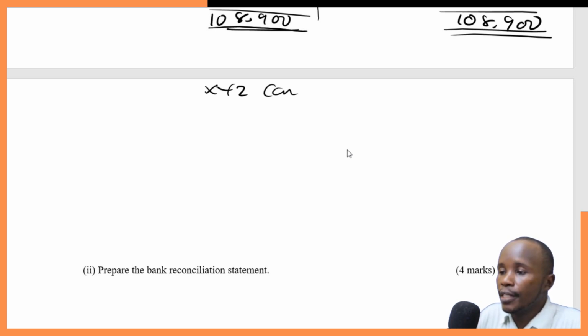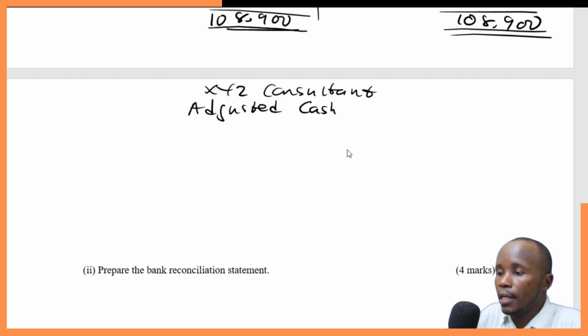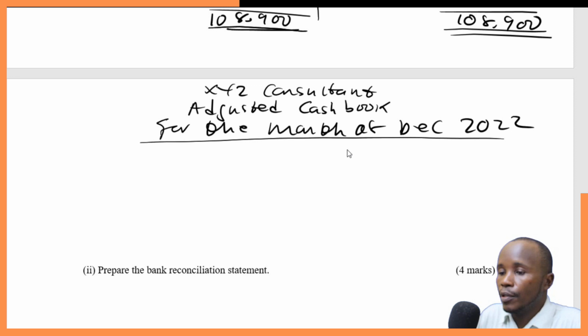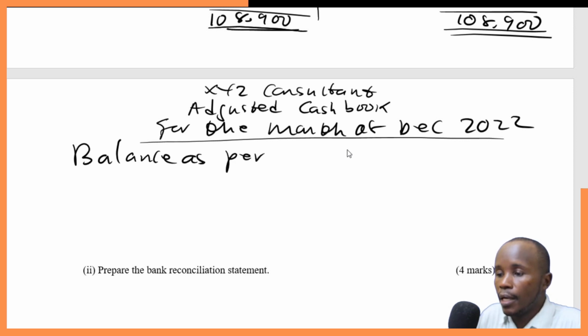XYZ consultant, adjusted cash book for the month of December 2022. You come here and say balance as per cash book.